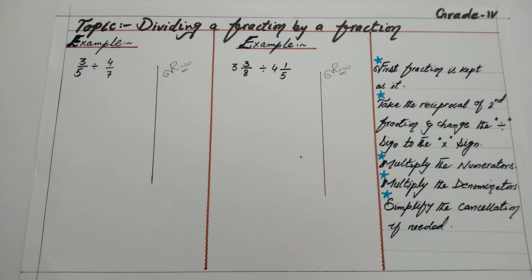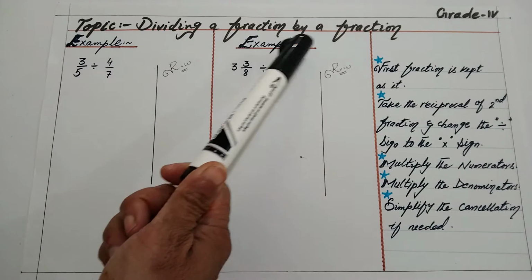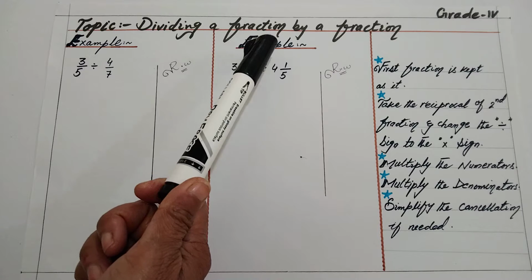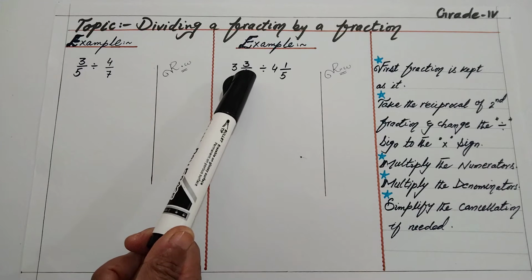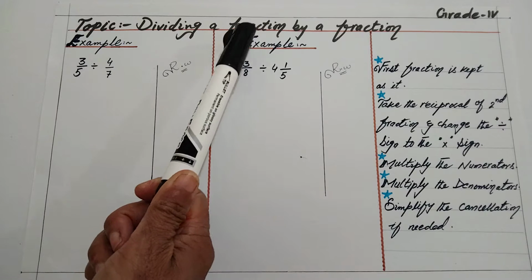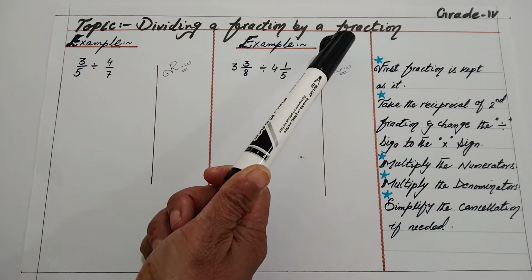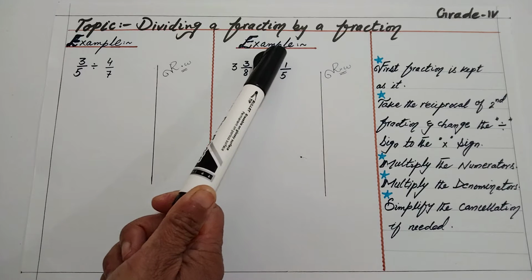The procedure is totally the same, just the difference is that here we will divide a fraction by a fraction. The remaining steps, the whole procedure, are totally the same.